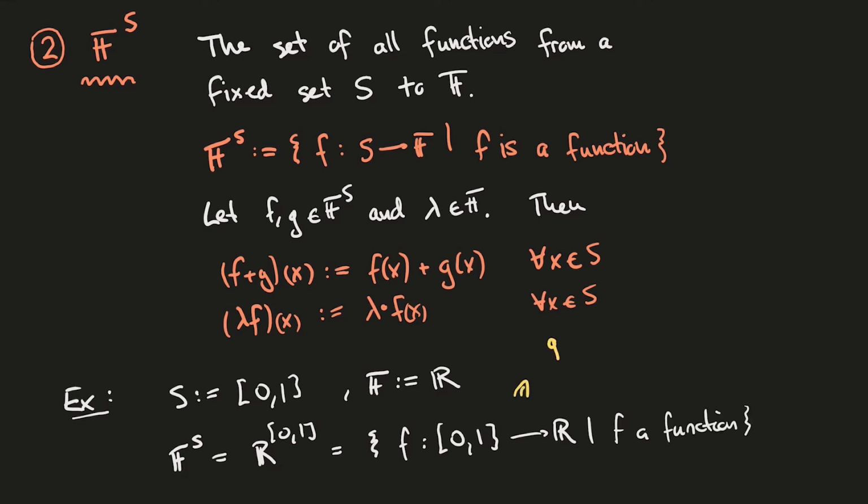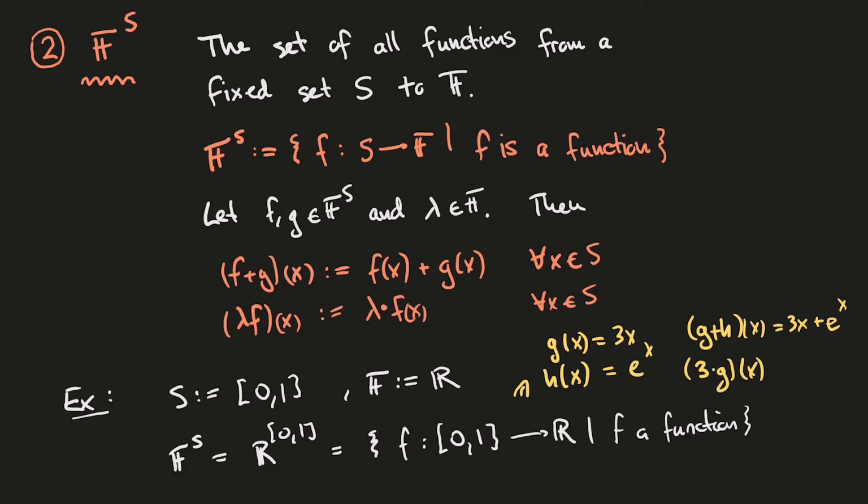Two elements of this set might be the function g, defined by g of x equals 3x, and say a function h, which is defined by h of x is equal to e to the x. In this case, their sum, g plus h of x, would be defined by the formula 3x plus e to the x. Well, if we want to calculate the function 3 times g, of x is just 3 times 3x, which is 9x.